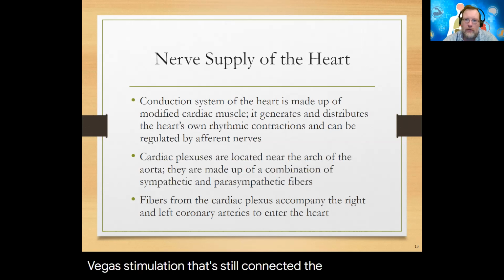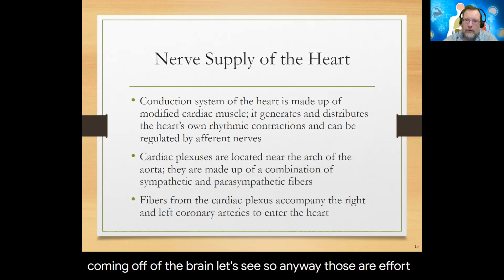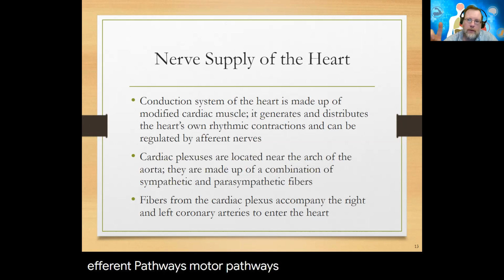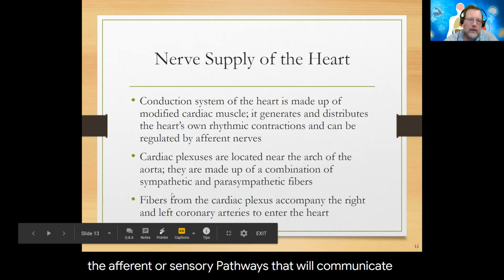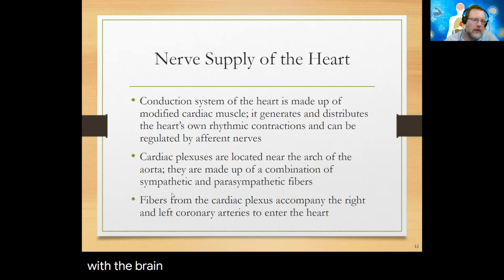The vagus nerve coming off of the brain. So anyway, those are efferent pathways, motor pathways, and the heart again has the afferent or sensory pathways that will communicate with the brain regarding some of the contractile properties.